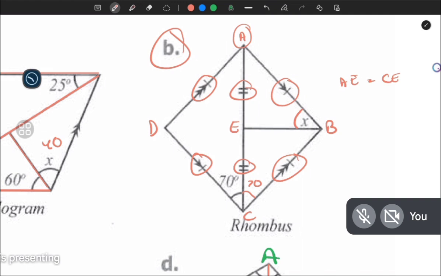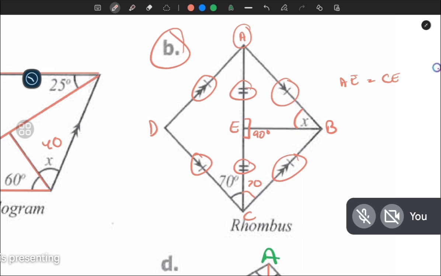Make sense? So if they're the same length and there's a line cutting in between, can we say that this is a perpendicular bisector? Yeah. So if it's perpendicular, we can say that this angle is 90, right?